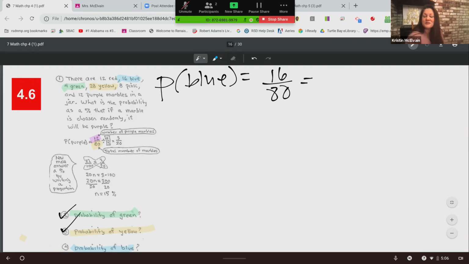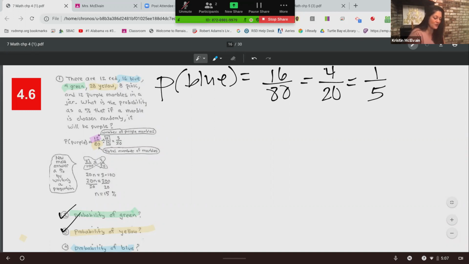These are all multiples of 4. How convenient. 4 goes into 16 4 times, and 4 goes into 80 20 times. But wait, there's more. We can simplify even more. We can do another 4. 4 goes into 4 one time and into 20 five times.